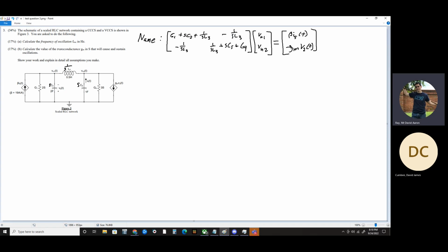Now we want to figure out what is I5 and what is V2. We see that I5 is the capacitor here, and we can use Ohm's law to figure this out. V equals I5 times the impedance of the capacitor. V is the change in voltage, so change in V equals I5 times its impedance, which is 1 over sC5 for a capacitor.